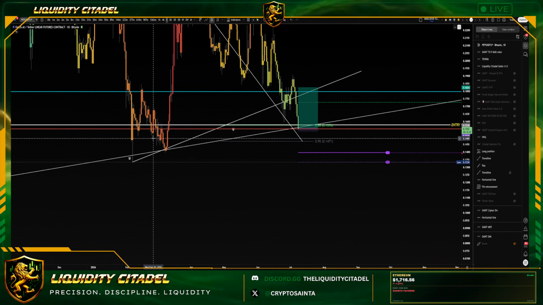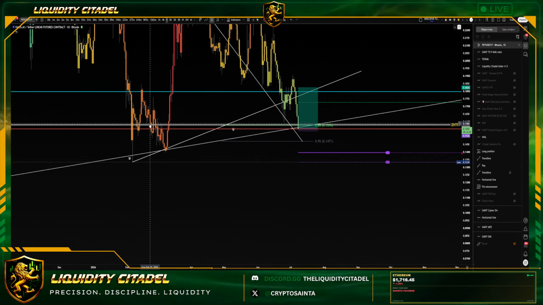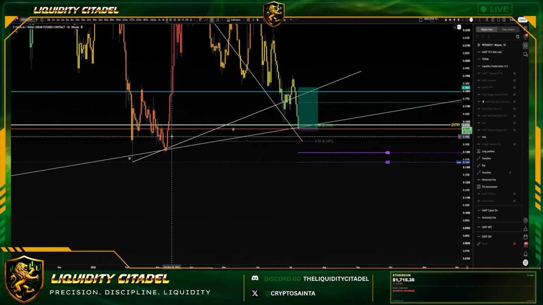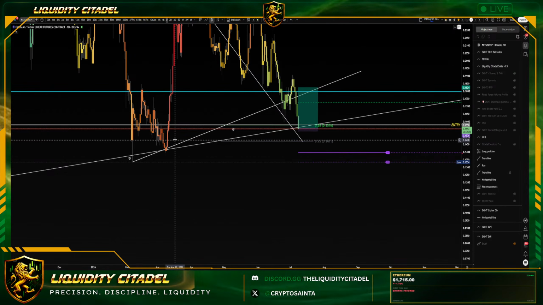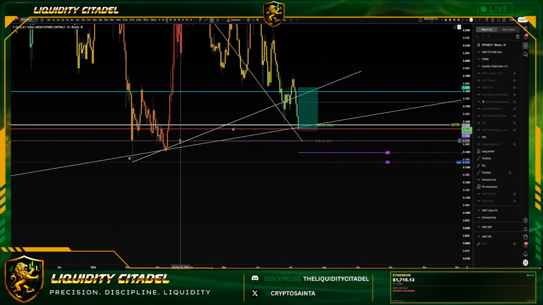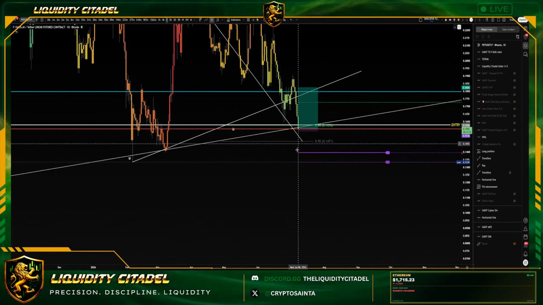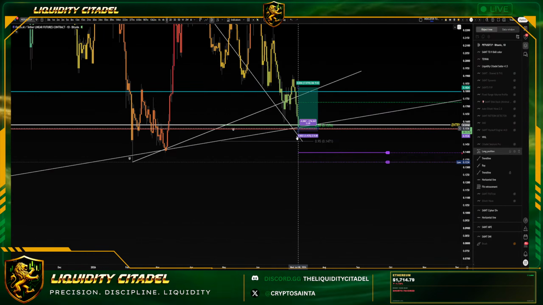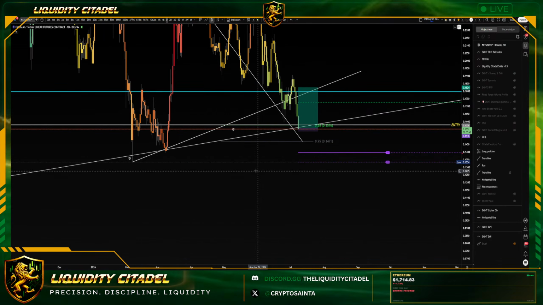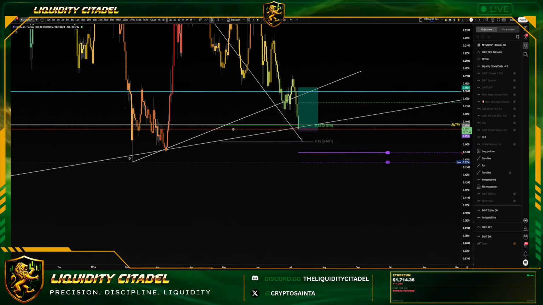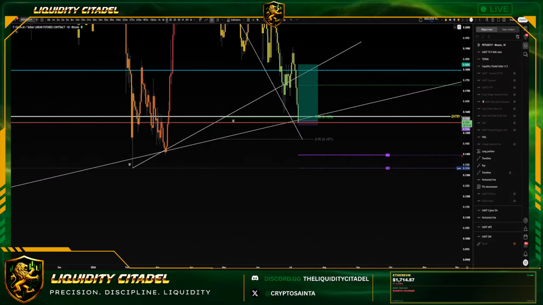What's to my left? Okay, I got a little gap right inside here. So I'm okay with running this tight. I'm okay with the stop loss. It's not going to kill me. It's not going to erode my port. Just means my entry was a little bit too early.